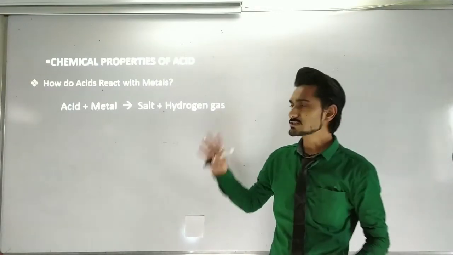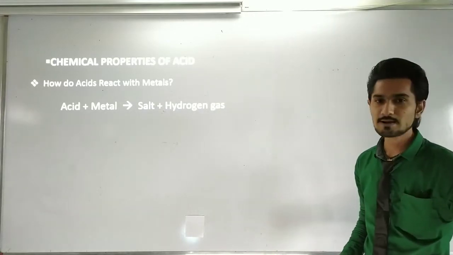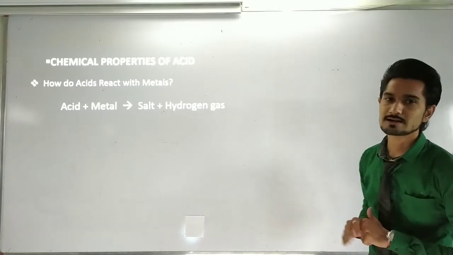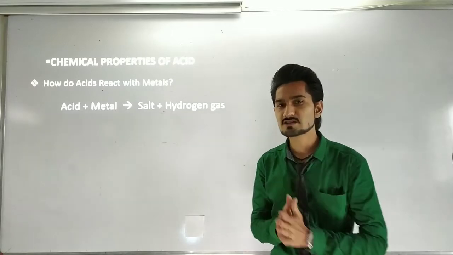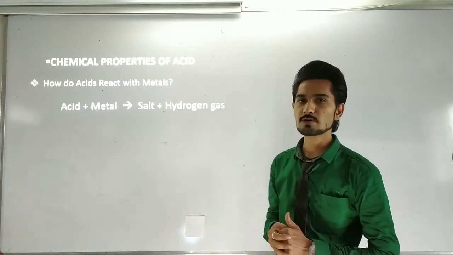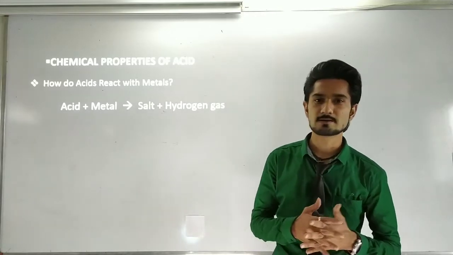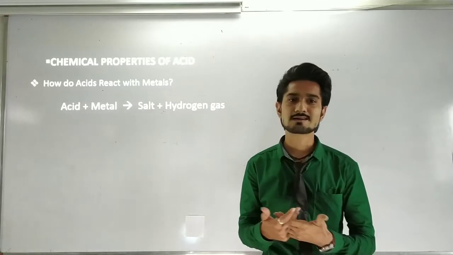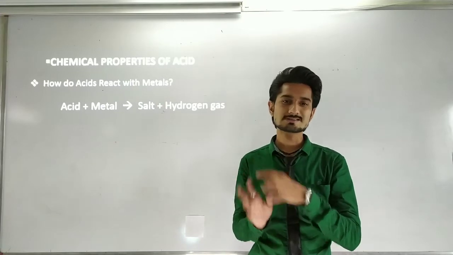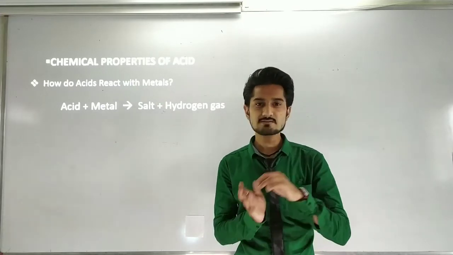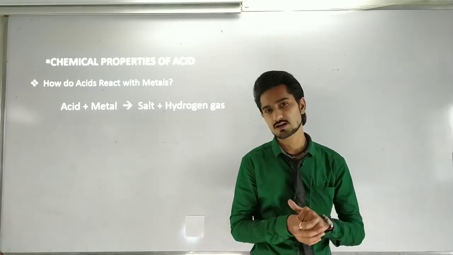First property regarding how acid reacts with metal. So what happens when an acid reacts with metal? First of all, whenever a question comes in the board examination like that, explain the chemical properties of acid, you have to predefine the 4 properties, in which you can write reaction of acid and metal, metal oxide reacting with acid, acid reacting with base, and acid reacting with metal carbonate or metal hydrogen carbonate.